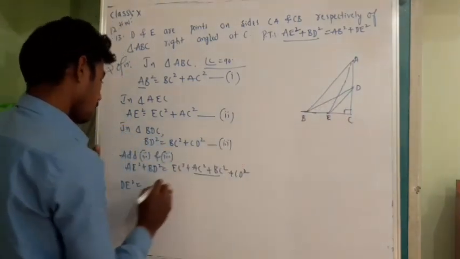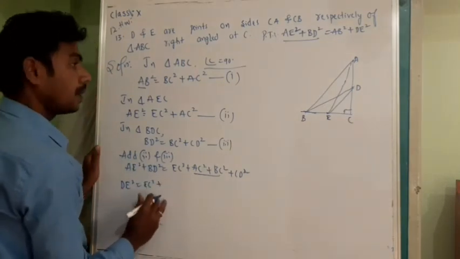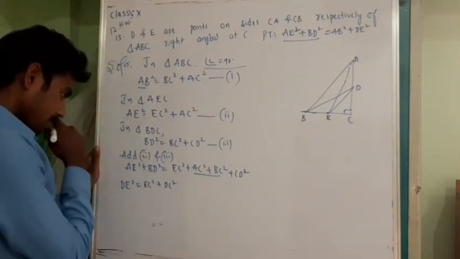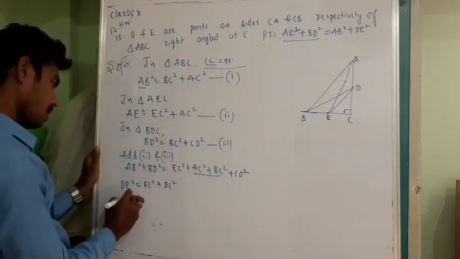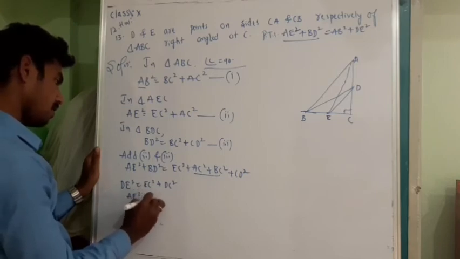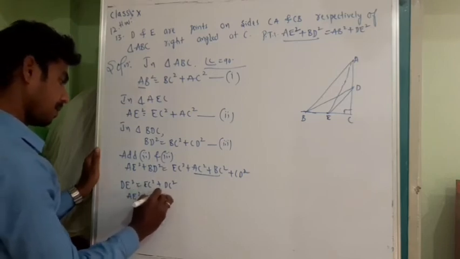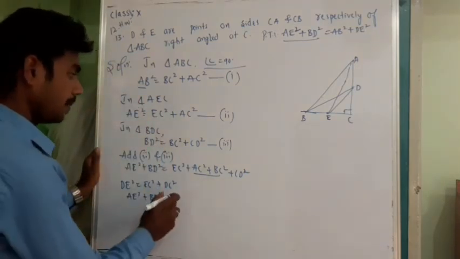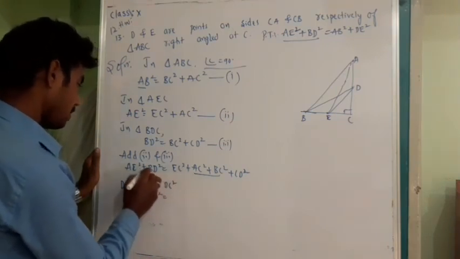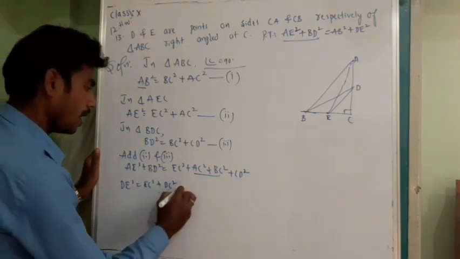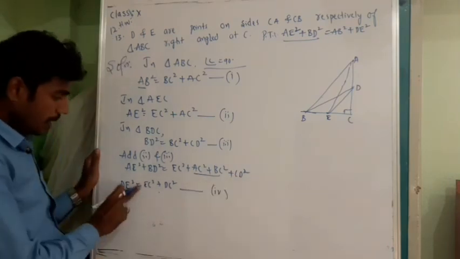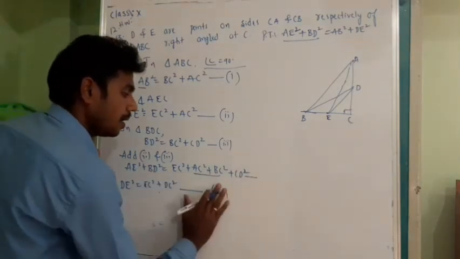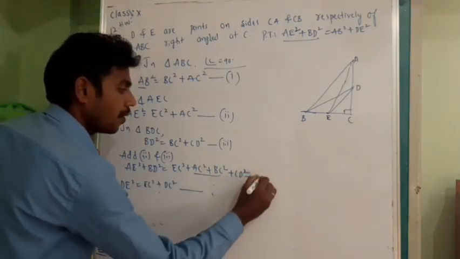Now AE square plus BD square is equal to, I'll name it as equation number 4, and this DE square equation as number 5.